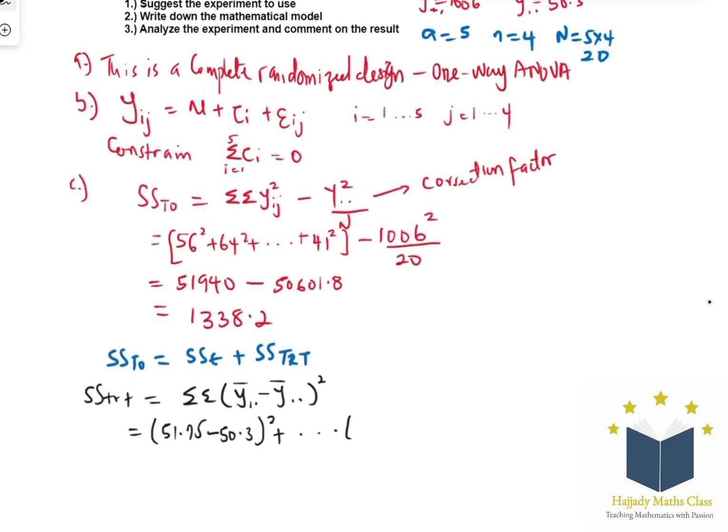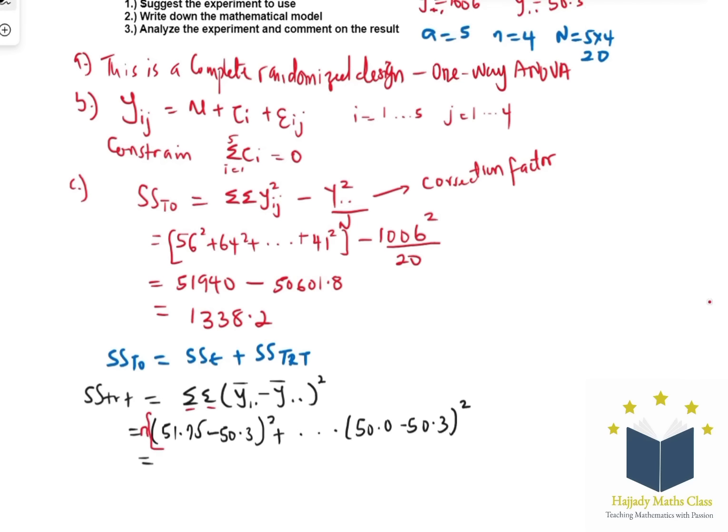So I'm having 50.0 minus 50.3 all squared. So summing this over, here, don't forget that I'm having a double sum. So the first one is summing to n.